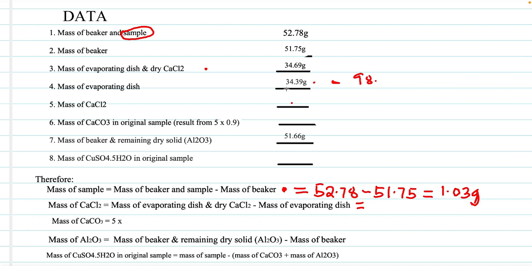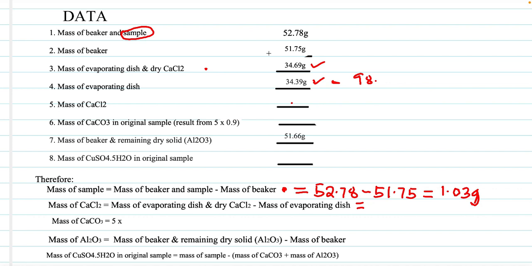Now, the mass of the evaporating dish when it was empty is 34.39. When we added the dry calcium chloride, after you must have evaporated the water out of it, you now have dry calcium chloride. Now this becomes 34.69.